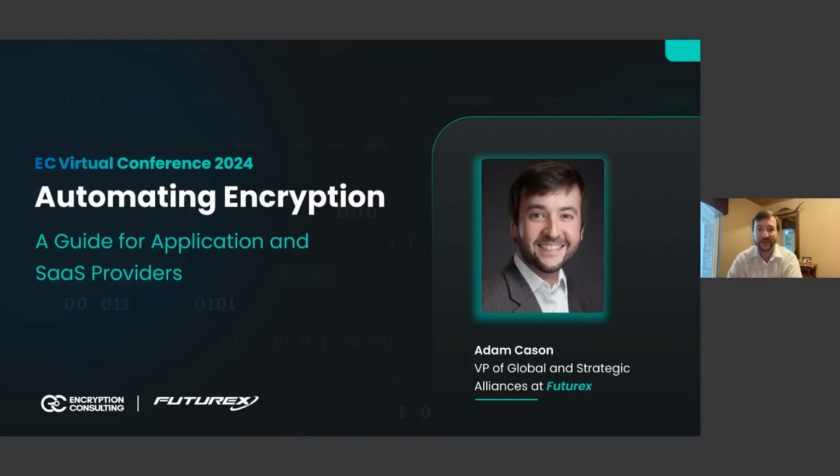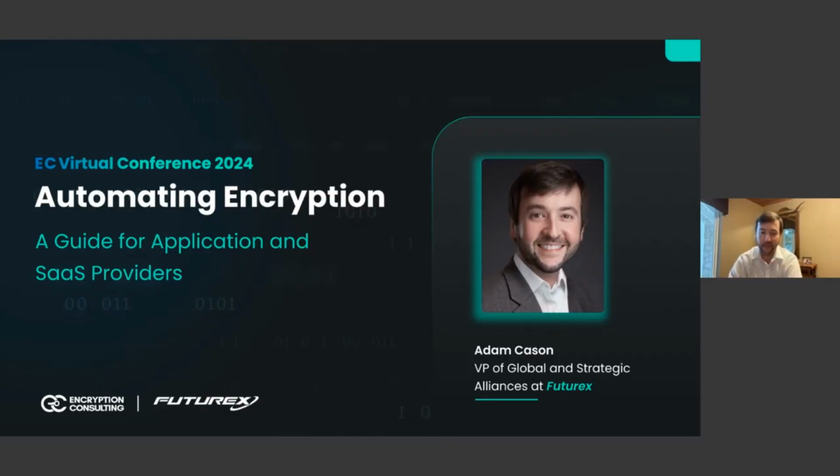I know we've had a lot of good conversations throughout the rest of the virtual conference so far this week, and we're looking forward to taking a step back here and looking not necessarily at the ultimate end user of these cryptographic technologies, but rather at the application providers, a little bit earlier in the process.